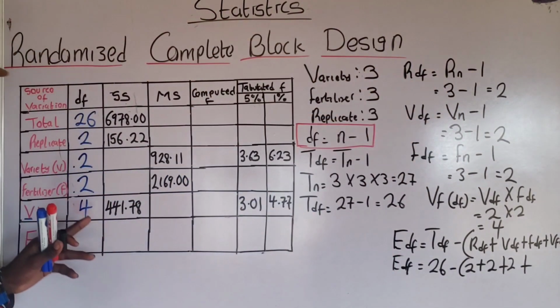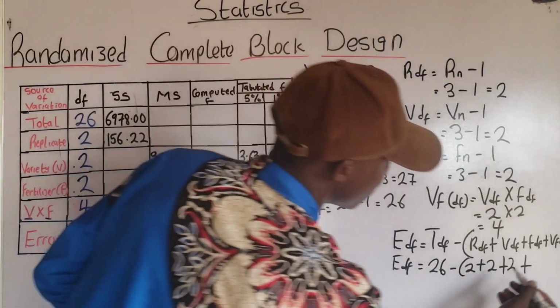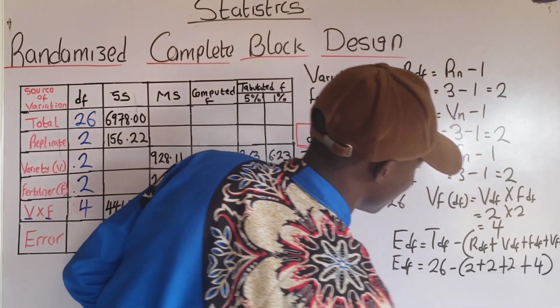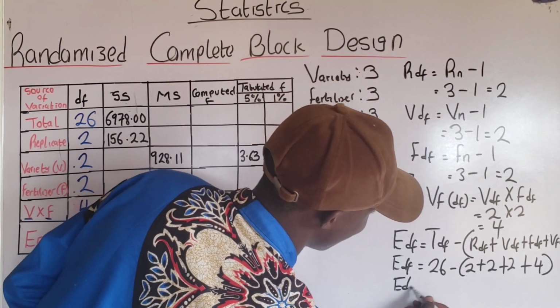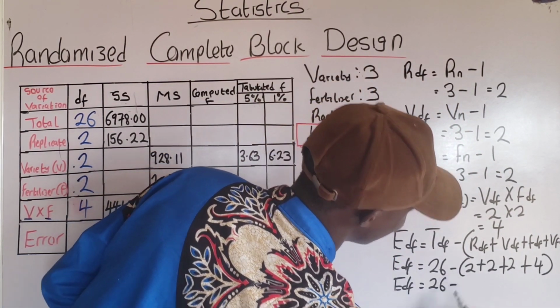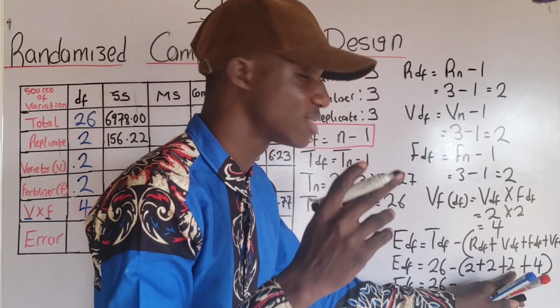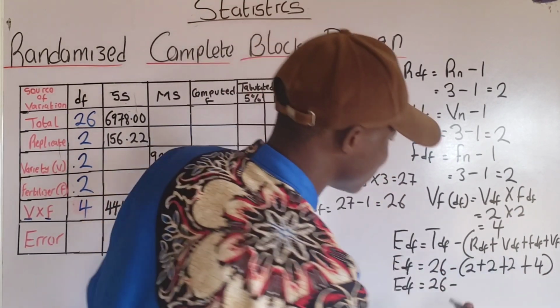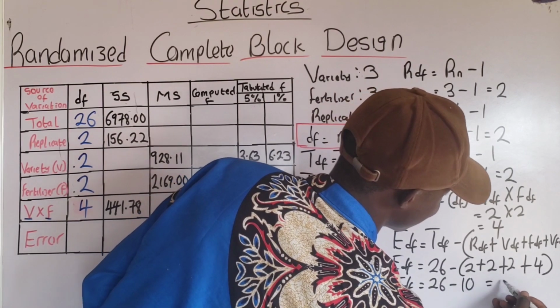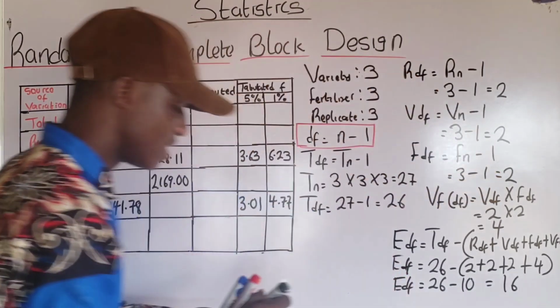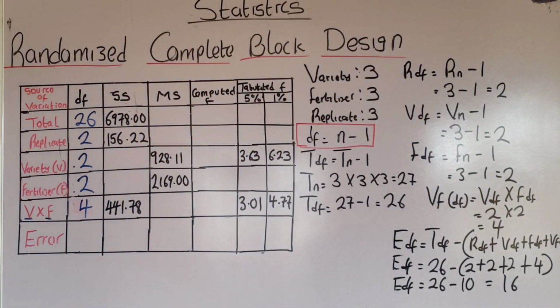Plus the variety fertilizer degree of freedom, which is 4, so plus 4. So the error degree of freedom is 26 minus, 2 plus 2 is 4, 4 plus 2 is 6, 6 plus 4 is 10. 26 minus 10 is 16. So the degree of freedom for error is 16.